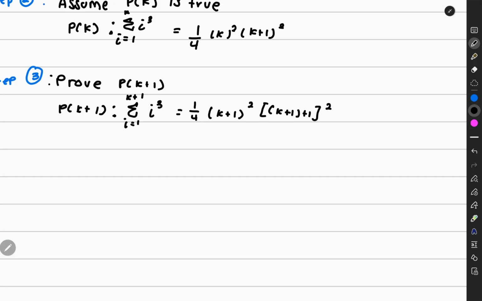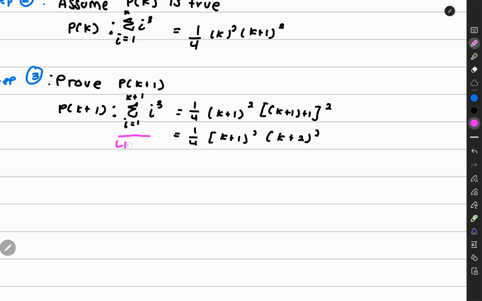This is when you know you are going to be doing algebra. This is the left hand side of your P(k plus 1) and this is the right hand side of your P(k plus 1).